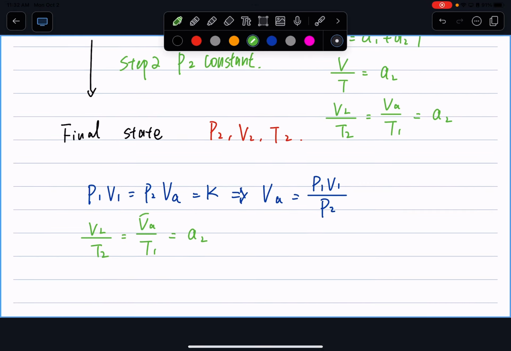And then on the bottom, now we can substitute this VA into here, and we end up having V2 over T2 equals to P1 V1 over T1 P2.